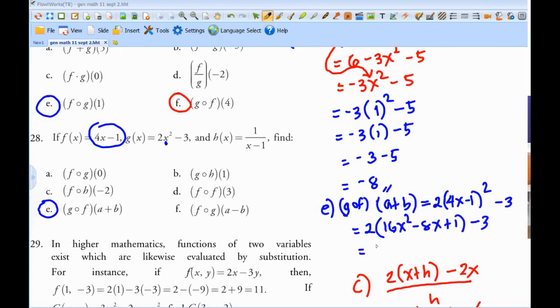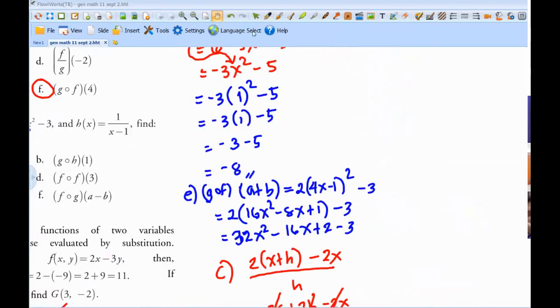Then 32x squared minus 16x plus 2 minus 3. Then combine like terms. So it will become 32x squared minus 16x minus 1.